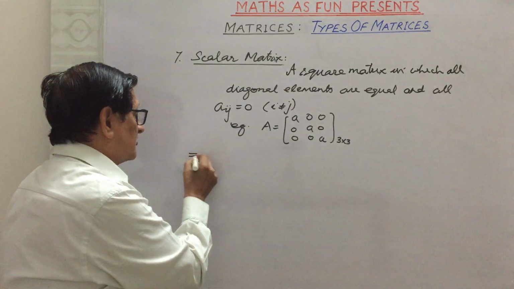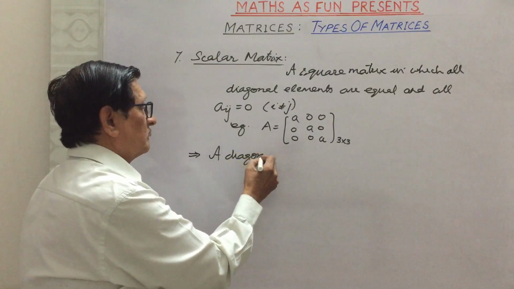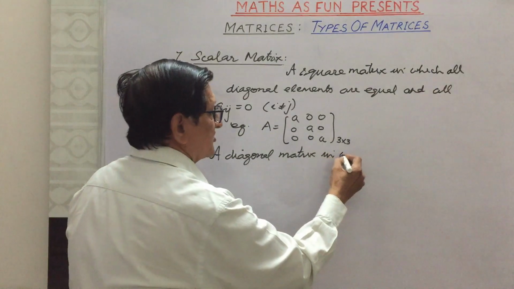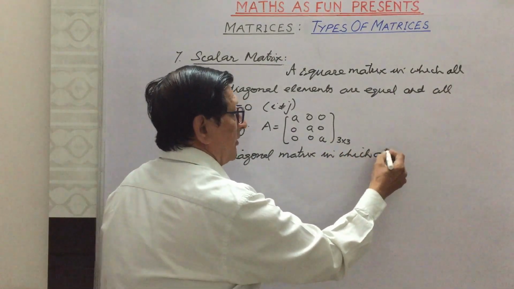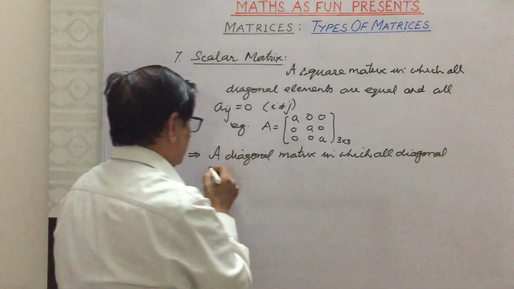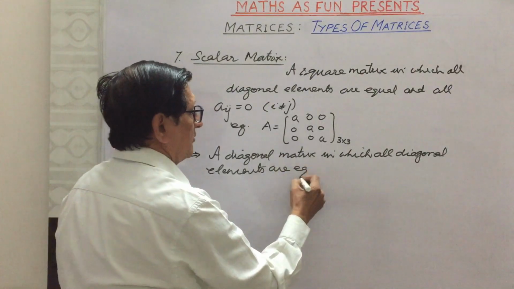It means we can also define it as a diagonal matrix in which all diagonal elements are equal.